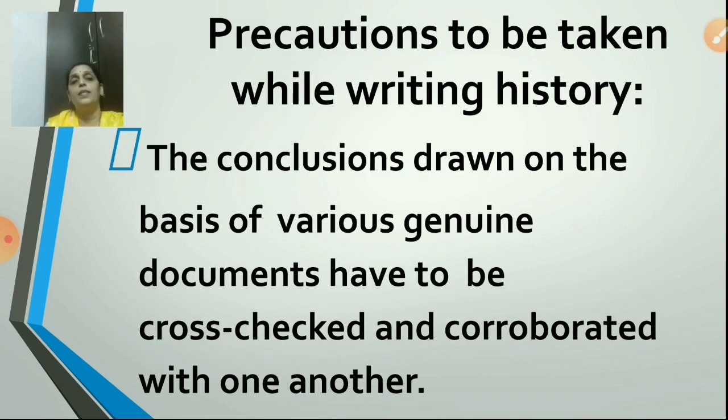Now the next. The conclusions drawn on the basis of various genuine documents have to be cross-checked and corroborated with one another. This means, students, at the end we have to cross-check the supporting evidence with one another before writing history.